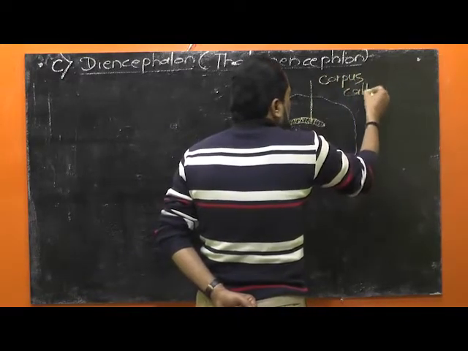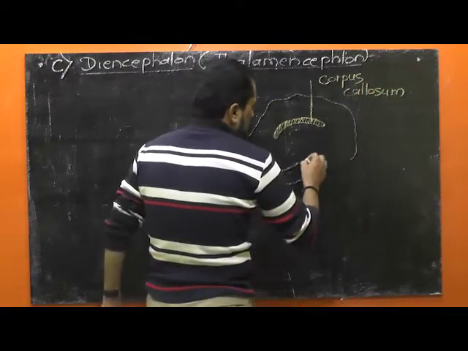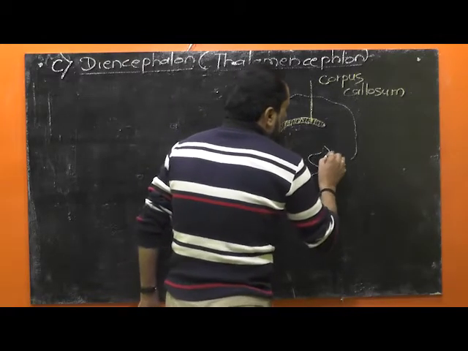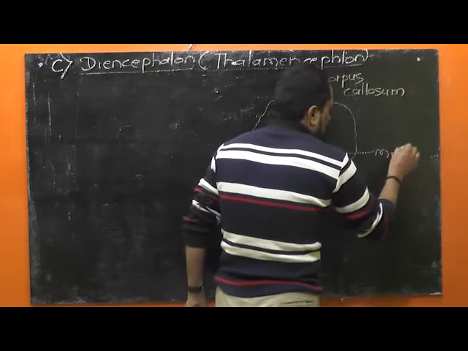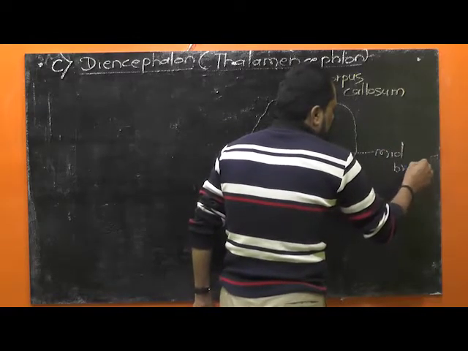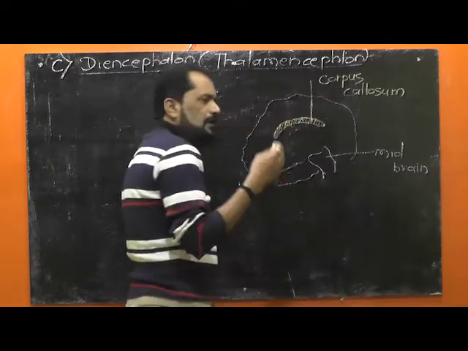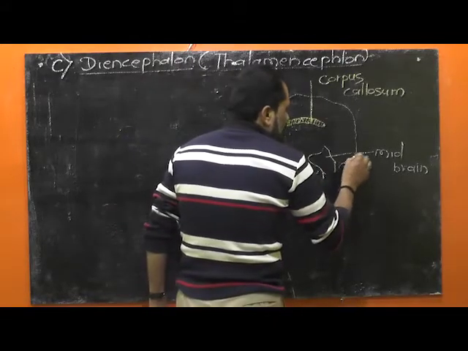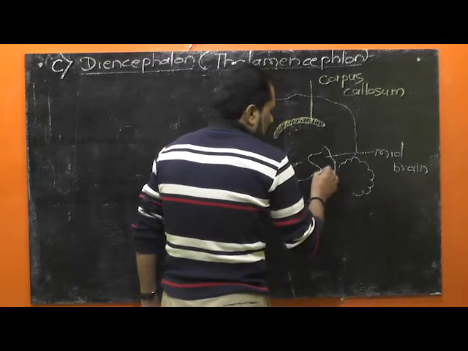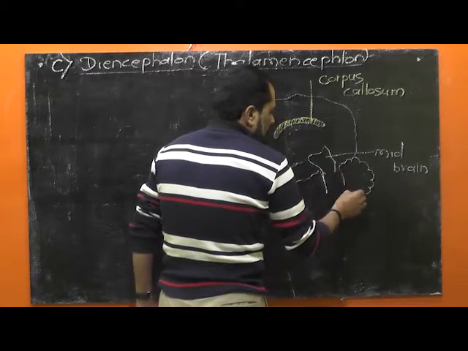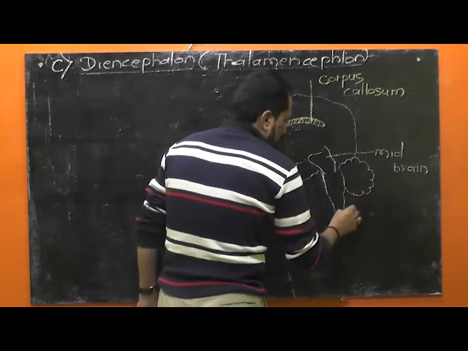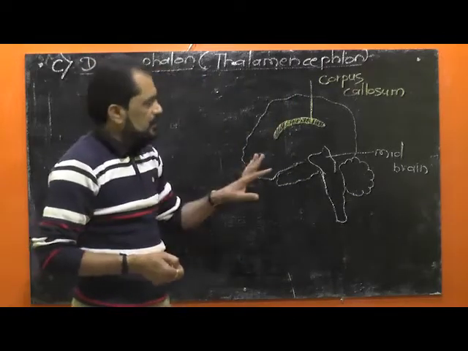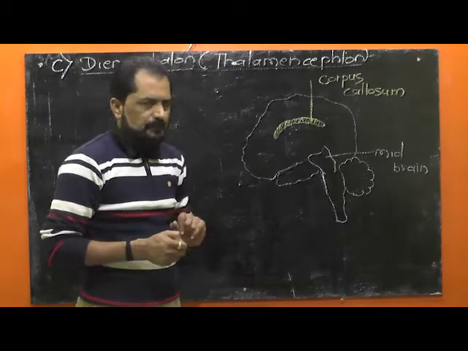Corpus callosum. Now, here I am going to show somewhat. Here is the midbrain. We are going to talk about midbrain later on. Some other major parts of the brain, that is cerebellum, here I am going to show. Here is the pons varoli. Here is the medulla oblongata. Roughly, here I have mentioned some of the major parts of the brain.